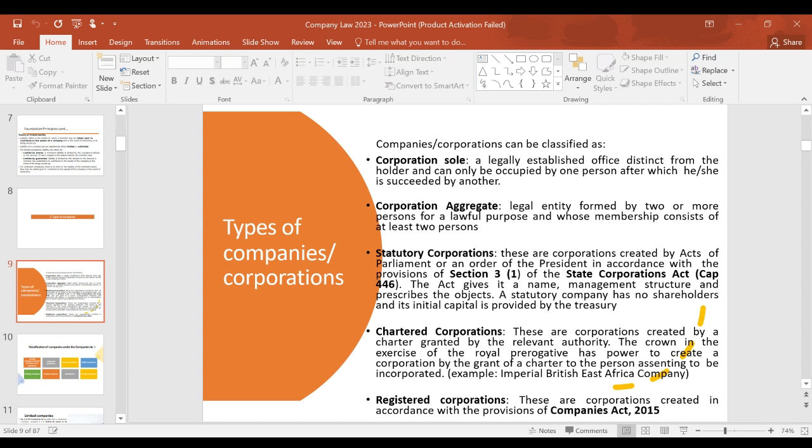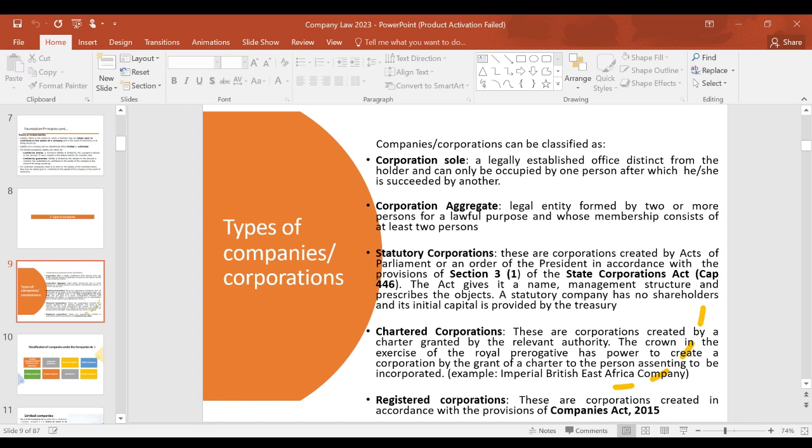Then we have statutory corporations. These ones come into existence through an act of parliament. Section 3(1) of the State Corporations Act, Cap 446, looks at the structure of a company formed as a statutory corporation, and it provides for how such kind of company can be formed.